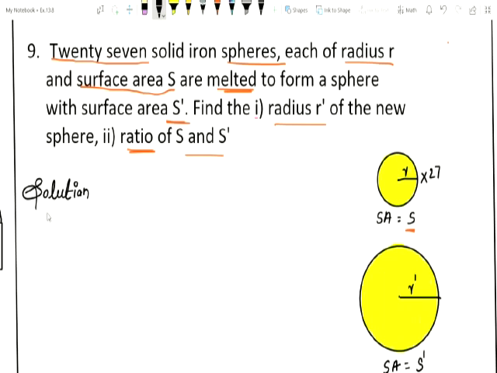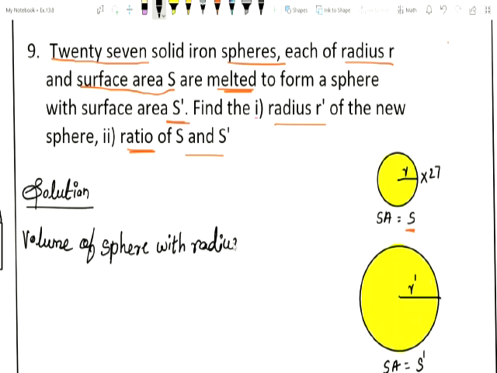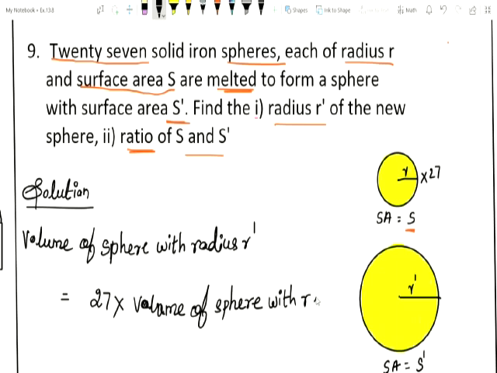Solution. Volume of sphere with radius R dash equal to 27 into volume of sphere with radius R. There R dash, here R. Volume of sphere with the radius R dash means this is a new sphere.